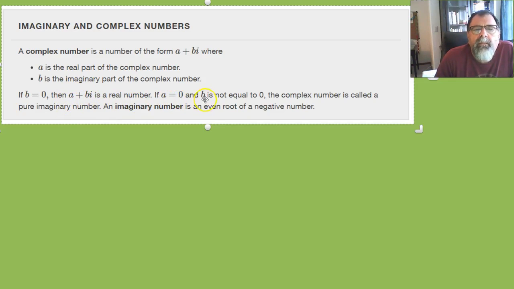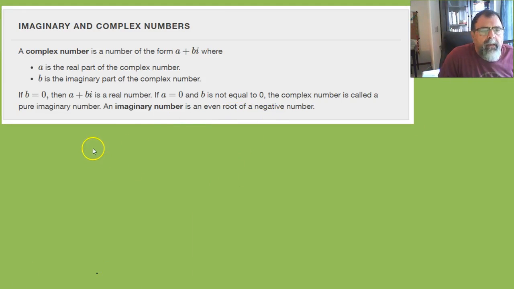If a is 0 and b is not equal to 0, the complex number is called a pure imaginary number. It's purely imaginary. An imaginary number is an even root of a negative number. That's where you get the i's.